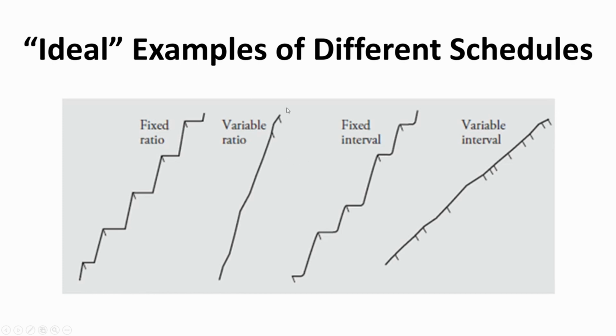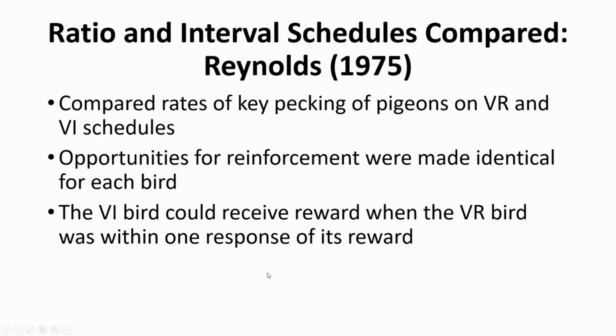And our variable ratio and variable interval both show fairly continuous rates of responding. So that tells us that there are some similarities between these types of schedules of reinforcement. But of course, researchers would want to try and quantify these similarities and then also look for differences between fixed and variable schedules of reinforcement and interval and ratio schedules of reinforcement.